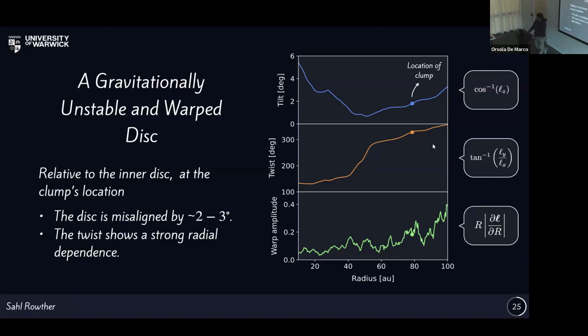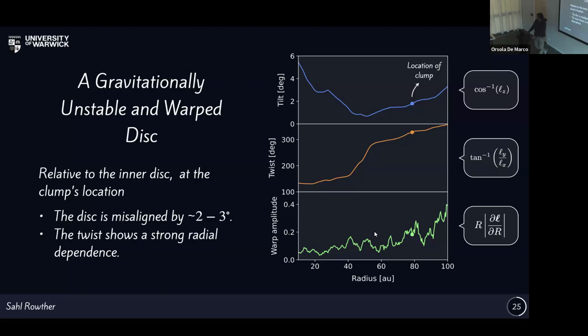But when we look at the twist, you can see that the inner part of the disk has a strong dependence on the radial location in the disk, indicating that differential precession is happening in the disk.